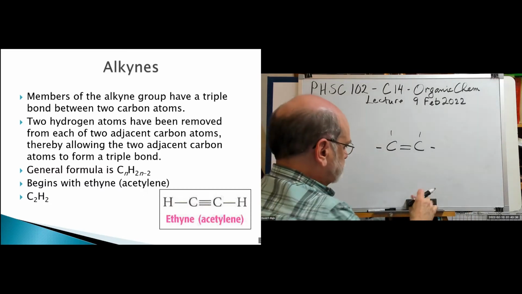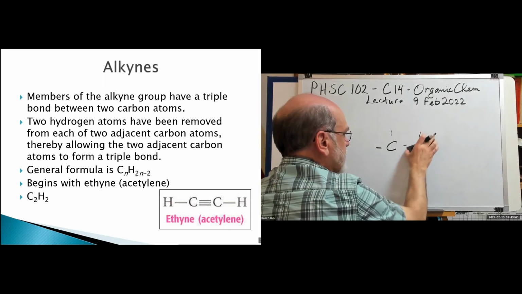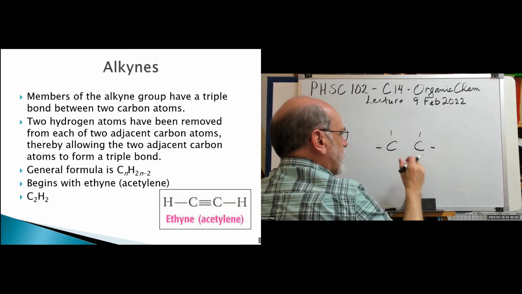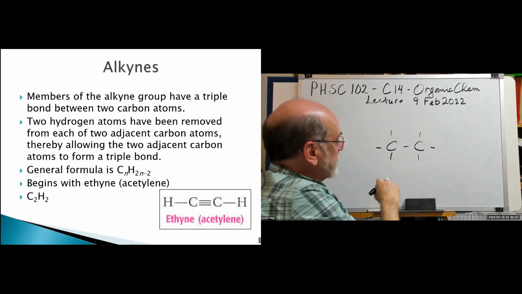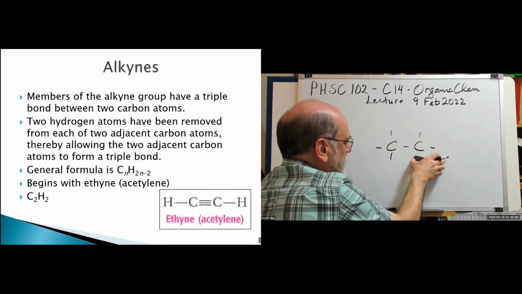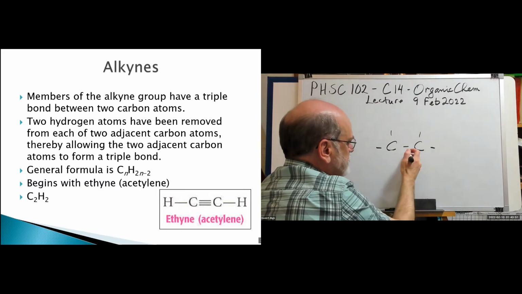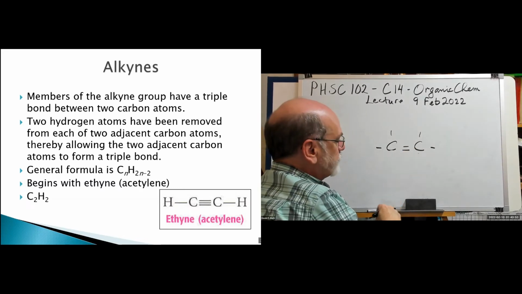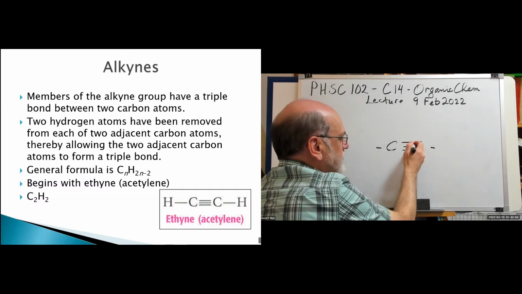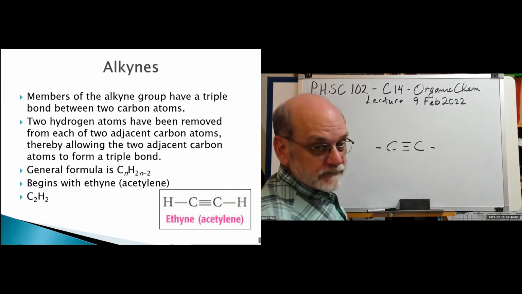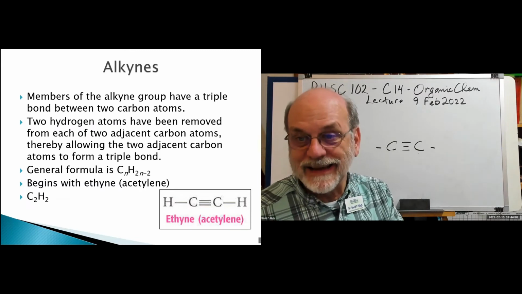So if we say like this is our starting point with our hydrogens here. Then if we form an alkene out of this, ethene, but if we form an alkyne, we take those 2. Now we've got 4 and 4. This is also called acetylene.